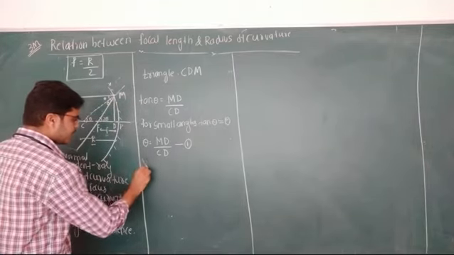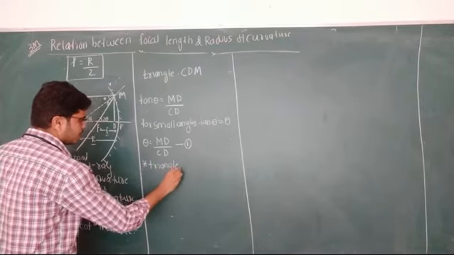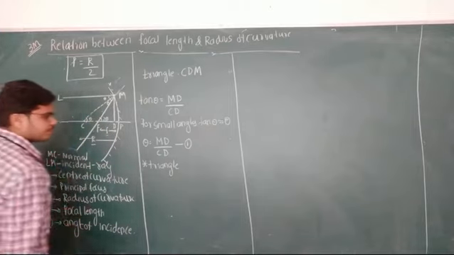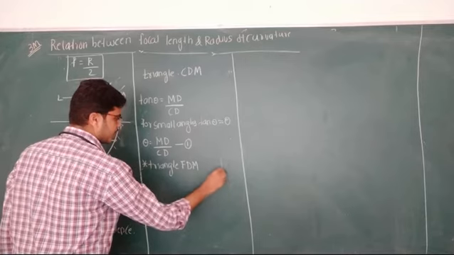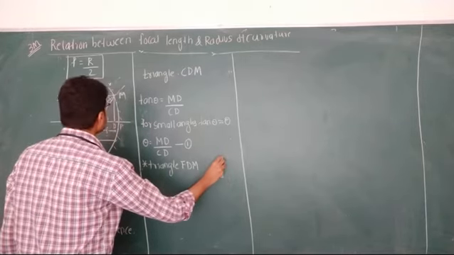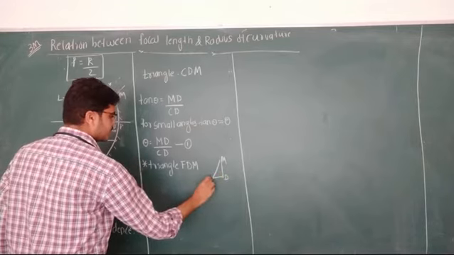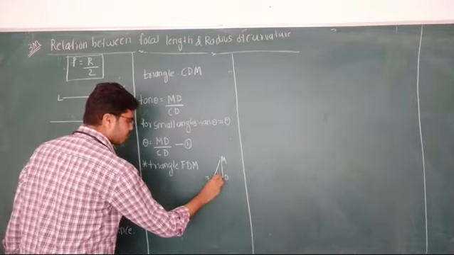Now consider the second triangle, triangle FDM. Here the inside angle is 2 theta.